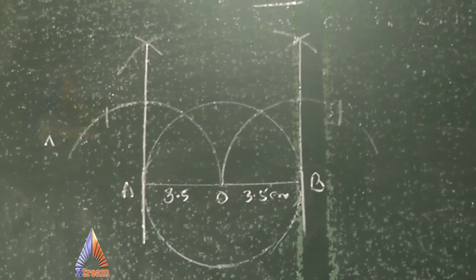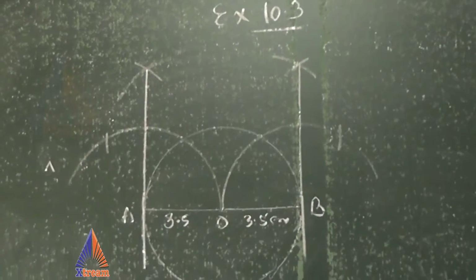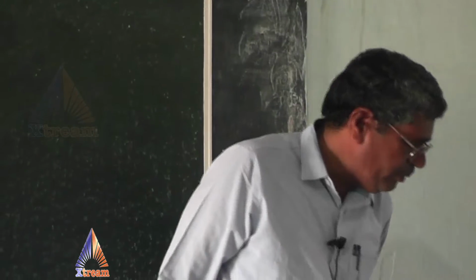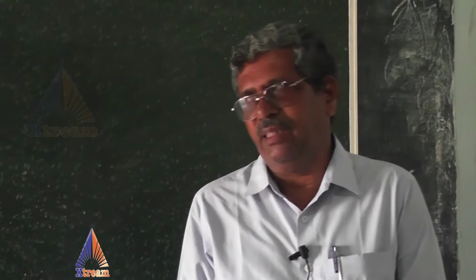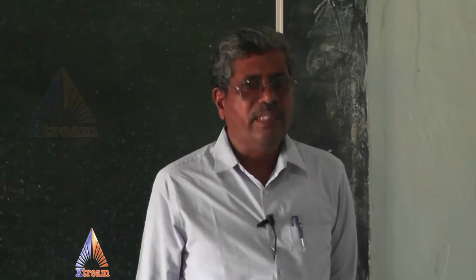Another problem is: draw a circle of radius 5 centimeter and construct a tangent at the end of a chord of length 8 centimeter. So you can please note them. The radius of the circle is 5 centimeter, and the length of the chord is 8 centimeter.